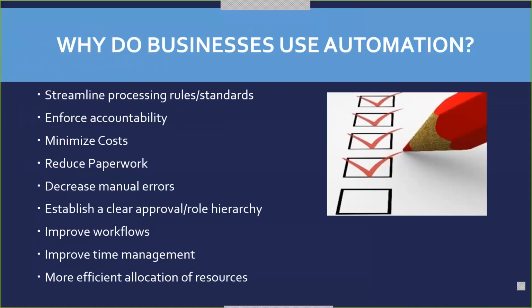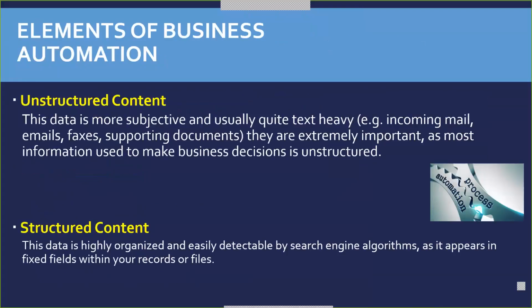So when we talk about business automation, the first things are: what are the elements of it? What am I looking for? And I would just direct your attention to this slide that talks about two types of content that you're dealing with mainly on a day-to-day basis.